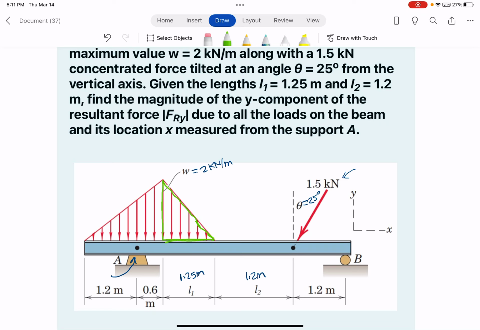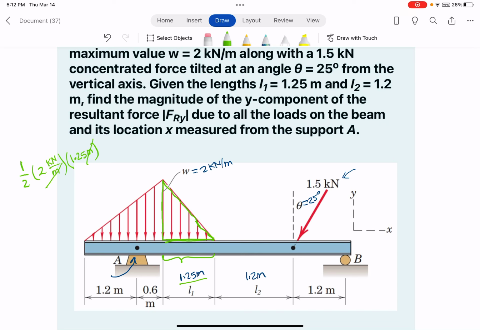If you want to find out the equivalent force of this triangle, again, it's 1/2 times the value load 2 kilonewton per meter times the distance from here to here, which is 1.25 meters.